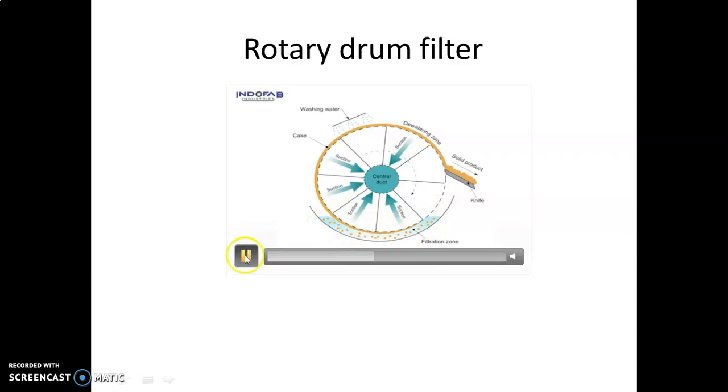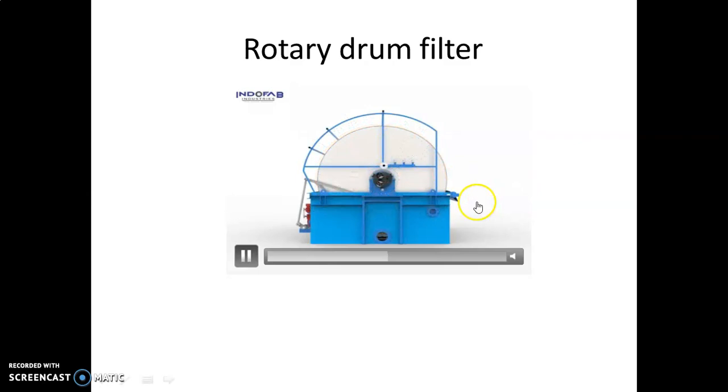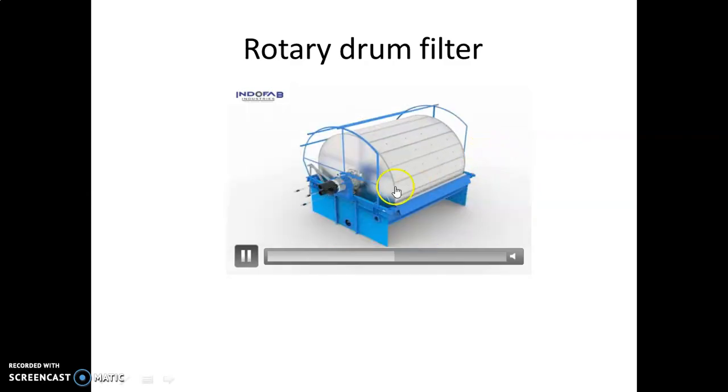In this way the drum is rotated. Here the vacuum is applied, and water is also taken from here. In this way the rotary drum vacuum filter is operated.